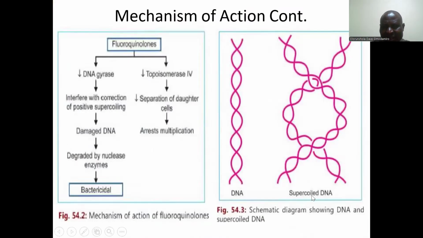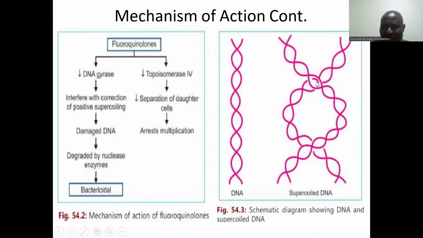Let me see whether I can find some structure to show you. Yes, this is the supercoiled DNA. And this supercoiled DNA has to be unwound. It has to be separated. And then the enzyme responsible for the unwinding of this, if you still remember your molecular biology, is involved in DNA replication.